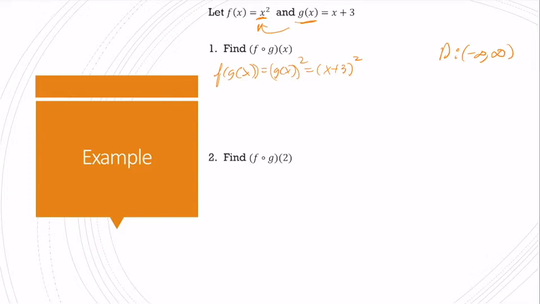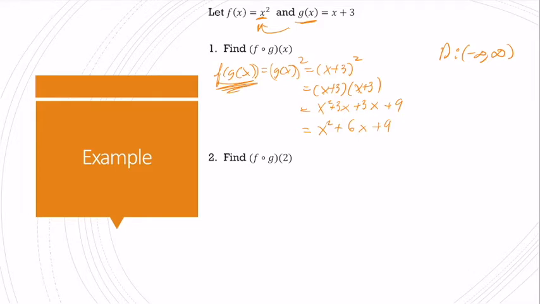That's going to give me x squared plus 3x plus 3x plus 9. So I've got x squared plus 6x plus 9 is f composed with g. So this is a degree 2 trinomial, but its domain is still from negative infinity to positive infinity.